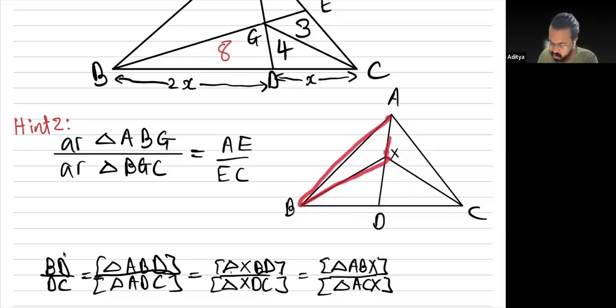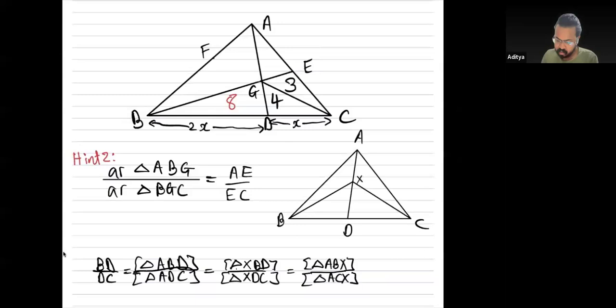Why it is the same for these two triangles also is because you are removing proportional parts out of proportional stuff. This big triangle is to this triangle as this triangle is to this triangle. So if you remove them in proportion, then you get that these two remaining bits are also in the same ratio, which is BD upon DC. Iman, correct answer. Okay.